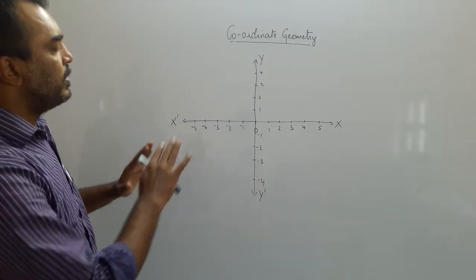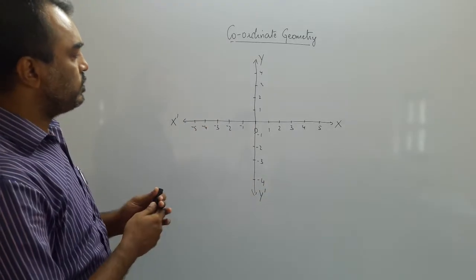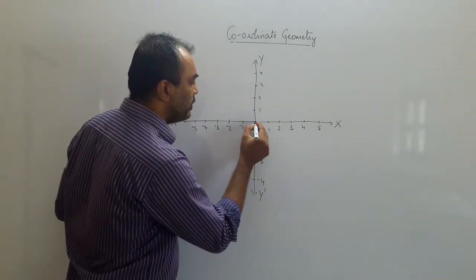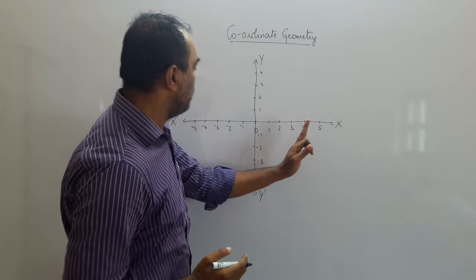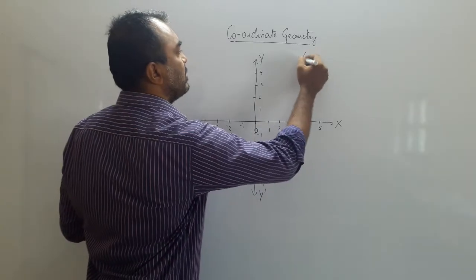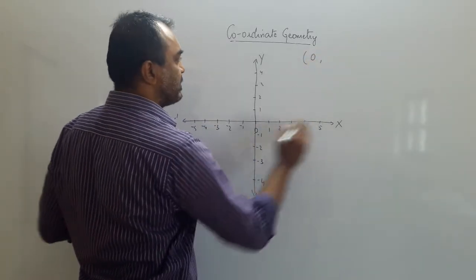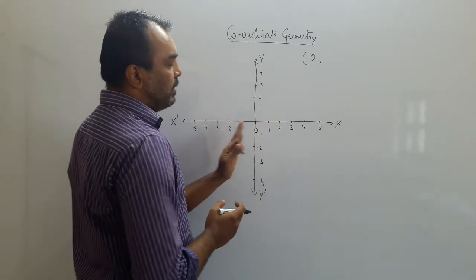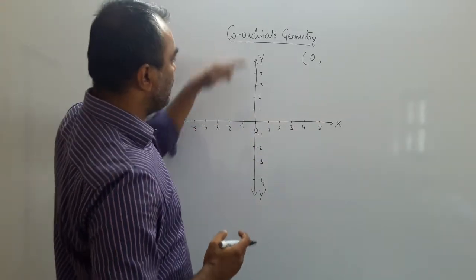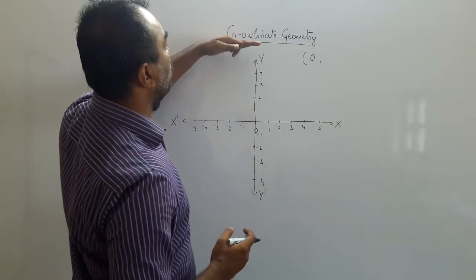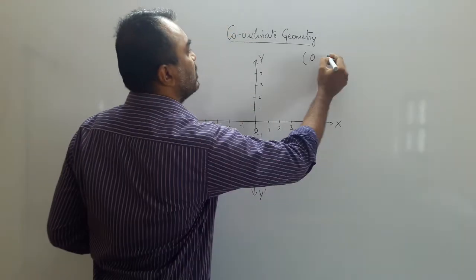So in these 4 parts, now this is my origin. If you see this point, it is neither to the right, nor to the left. So it is exactly 0. The first is written on the x-axis: 0 means neither to the right, nor to the left. On the vertical axis, it is neither to the top, nor at the bottom, exactly in the center.